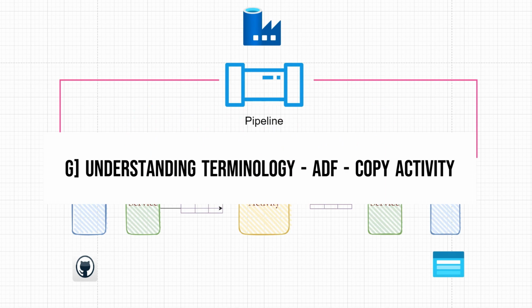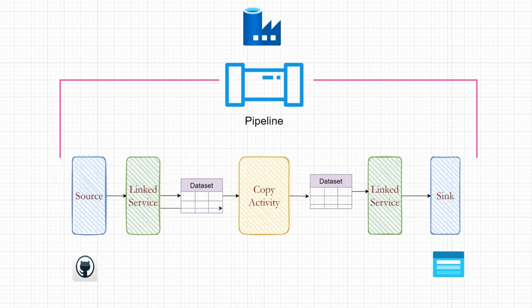This is the overview of Azure Data Factory under which we are going to perform the copy activity using this pipeline. In Azure Data Factory, orchestrating this data movement from the source to the destination involves several interconnected components that work together to facilitate efficient data transfer.